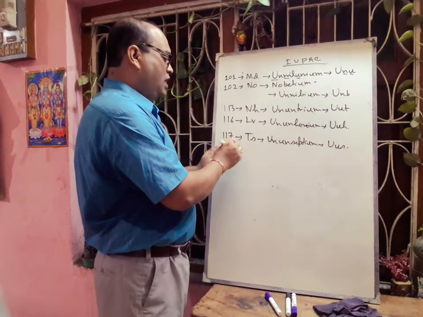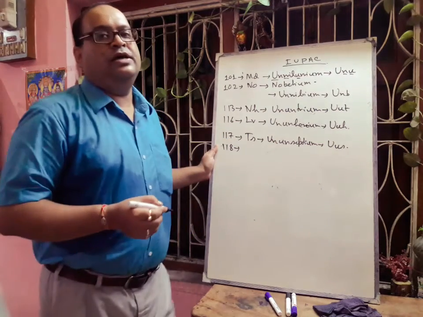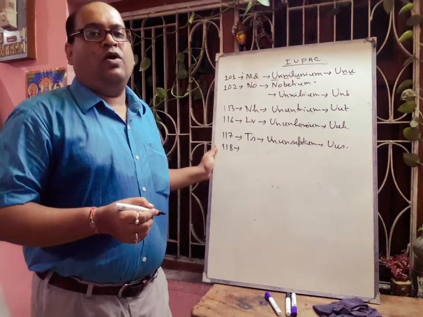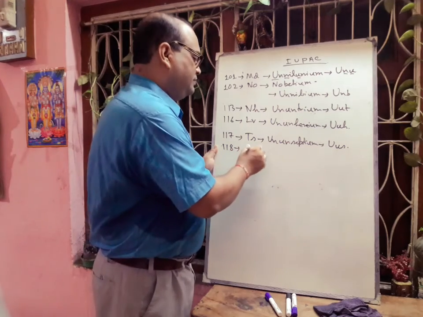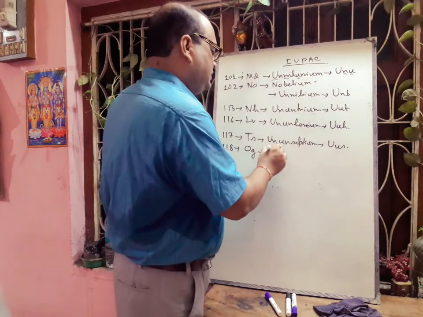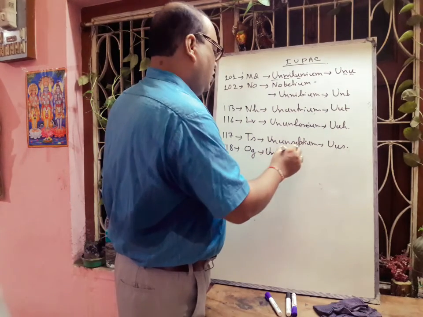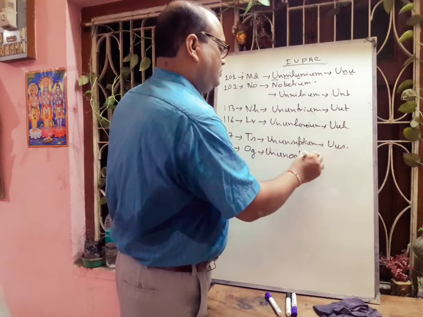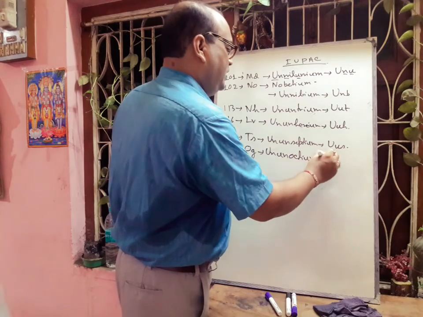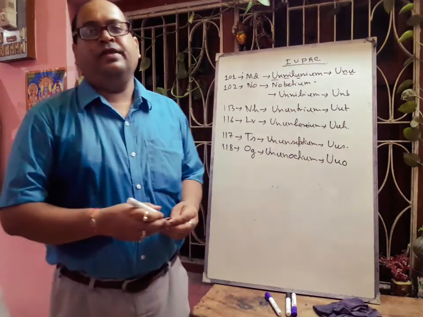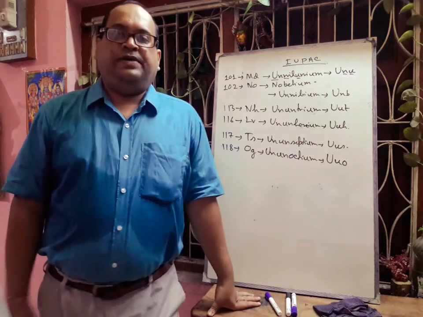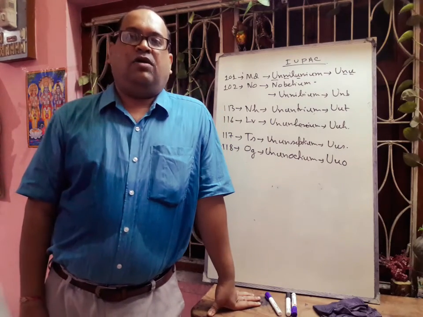In case of 118, this is Oganesson, its symbol is Og, and its IUPAC name will be Ununoctium. So it will be Uuo. That will be the IUPAC symbol of this element.